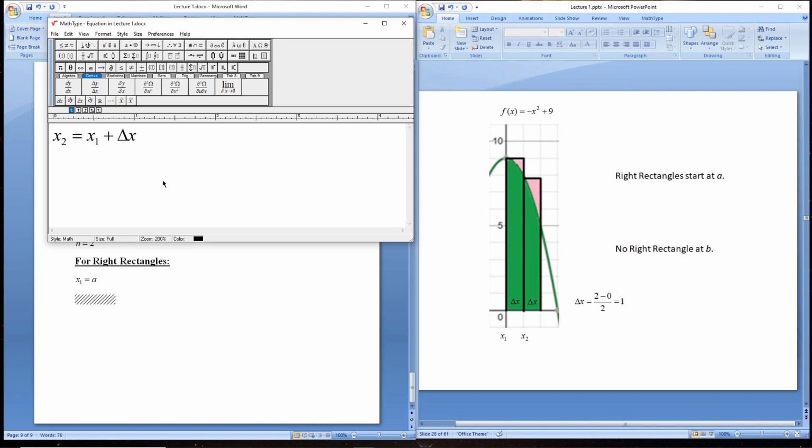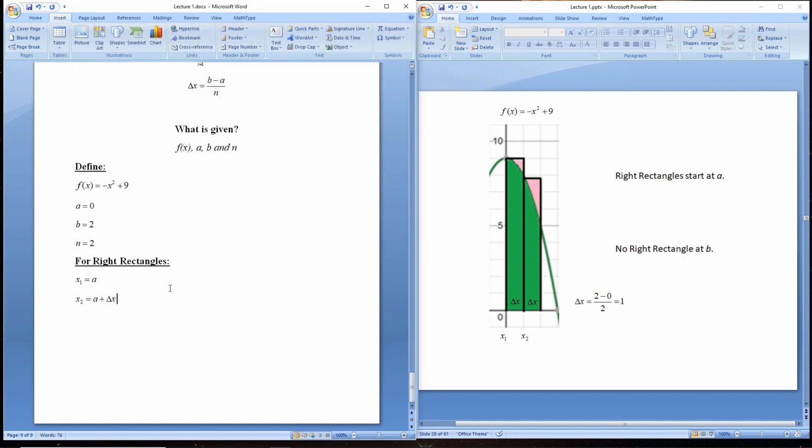And this gives us an expression for x2. However, we already know what x1 is. We just determined that x1 is a. So let's just replace x1 with a. And that is our expression for x2. The value at x2 must be a plus delta x, and delta x, we already figured out, is 1.